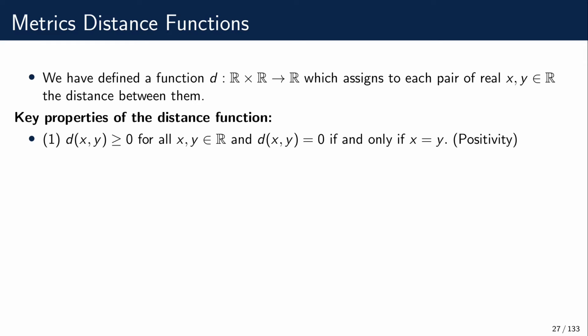Another property, just a property of the absolute value, is that this function is symmetric. And in our, at least intuitive, understanding, it is natural to have that the distance, at least walking distance, between two points would be symmetric, right? But for example, it's not necessarily so for driving distance when you have one-way streets, right?